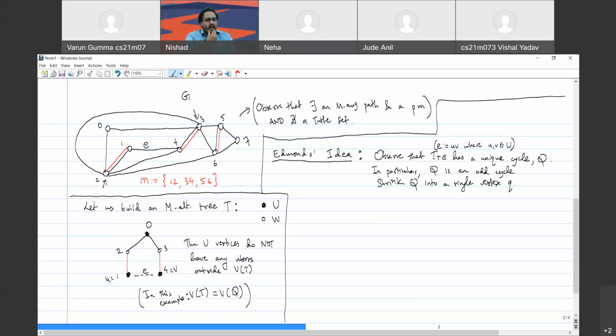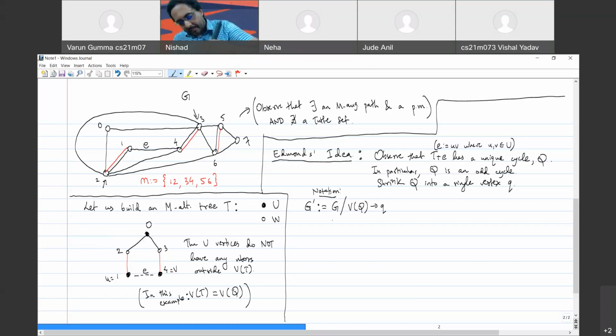All right. So let's draw the graph G prime. The graph G prime is going to be the same as the graph G, where we shrink the vertices of Q into a single vertex little q. That is the notation I'm going to use.